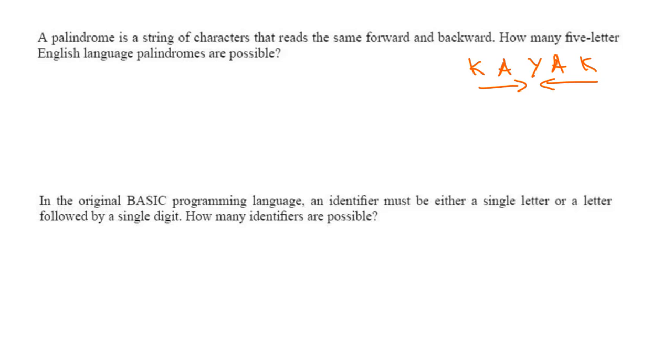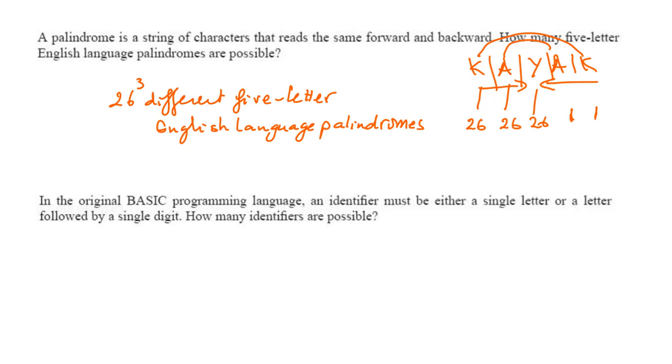I could choose 26 letters for the first 3 positions. But the A must be the same as the first one, so I have only one choice, and the K must be the same, so I have one choice. So we have 26 to the power of 3 different 5-letter palindromes.